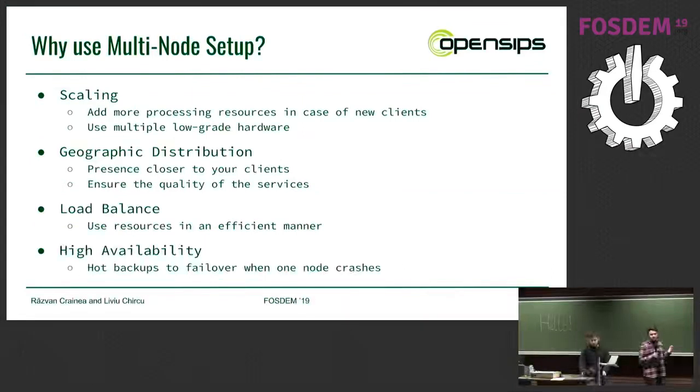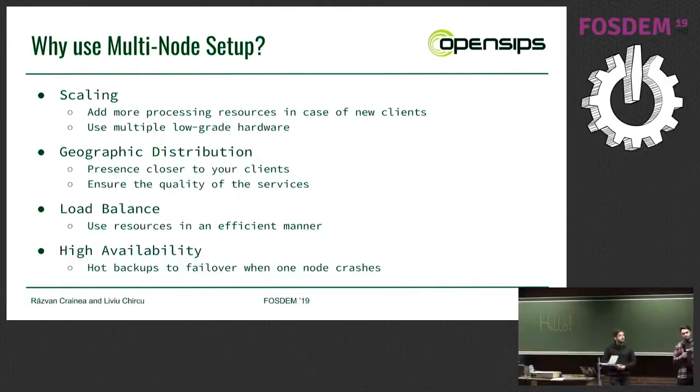So first of all, why use a multi-node setup? There are a couple of reasons. In order to scale, because you probably have limited resources, and then you get some more clients, some more customers are interested in your services, and you need to add some extra resources.